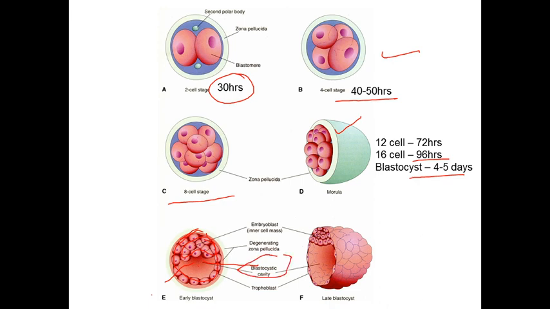Once the blastocyst cavity is formed, it keeps on enlarging. Now we see almost a 108 cell stage. Here 8 to 10 cells form the inner cell mass, and the rest of the cells form the outer cell mass, which is also called the trophoblast.